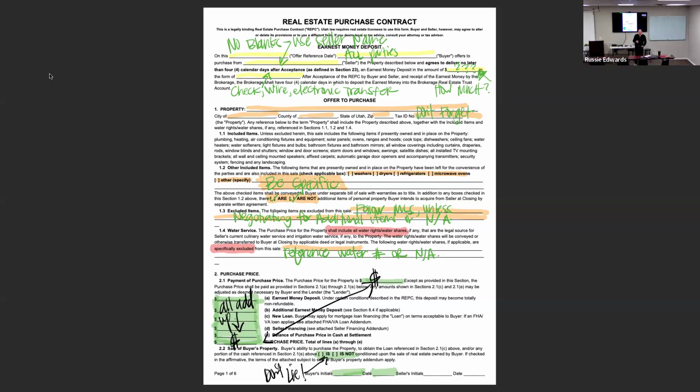If my people are putting down very little, or they're doing Utah housing or something like that, a lot of times I put to be determined, TBD. So I'll put that in 2.1C and 2.1E, and then I explain that to the agent that, hey, we're looking at blah, blah, blah. Now, all of these numbers right here are subject to change.